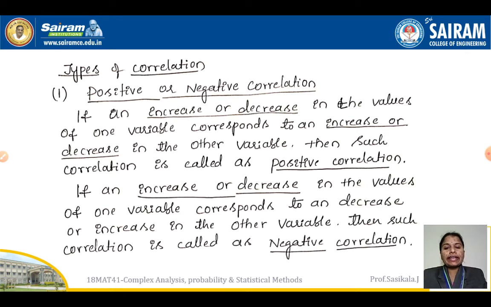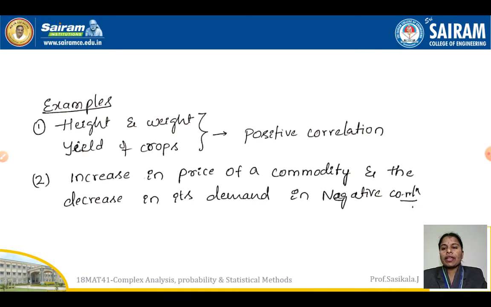If an increase or decrease in the values of one variable corresponds to a decrease or increase in the other variable, then such correlation is called negative correlation. Example, height and weight: we can tell it is a positive correlation. An increase in the price of a commodity and the decrease in its demand is a negative correlation.